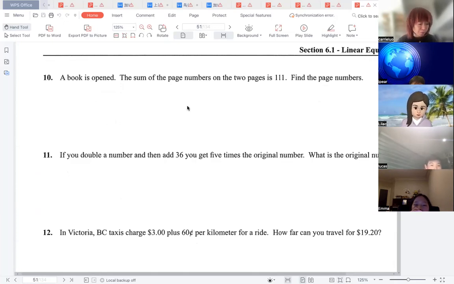Find the page numbers. How do you do this?